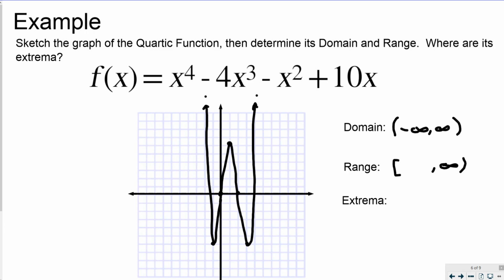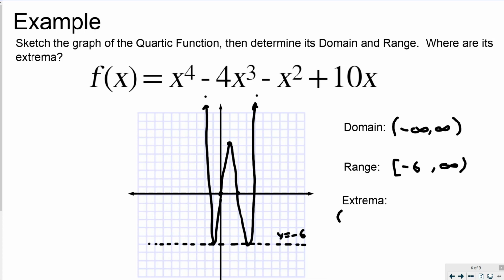And if I locate the extrema, the lowest point that the graph hits is down here. So that's y equals -6. So that absolute minimum is going to be the basis of my range, -6 to infinity. And both of these are local extrema, so I'm going to note them as coordinates.